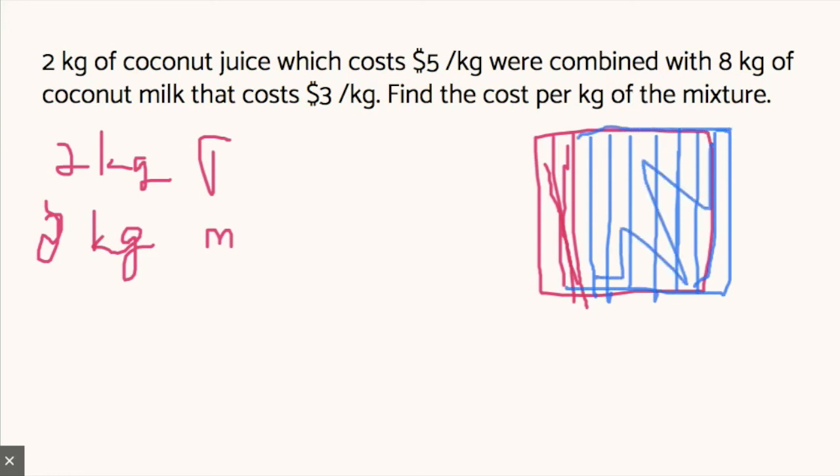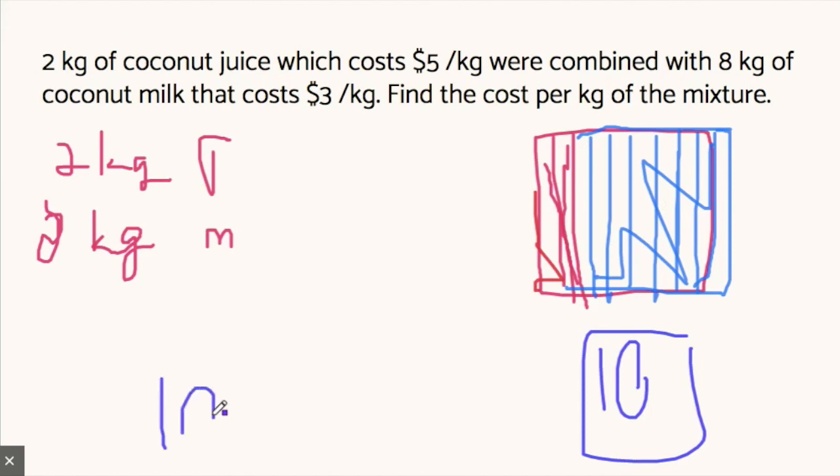And this is coconut milk, the other is the coconut juice. So as you can see, 8 plus 2, we have in total 10 units. So of the 10, 2 is juice and 8 is going to be milk.